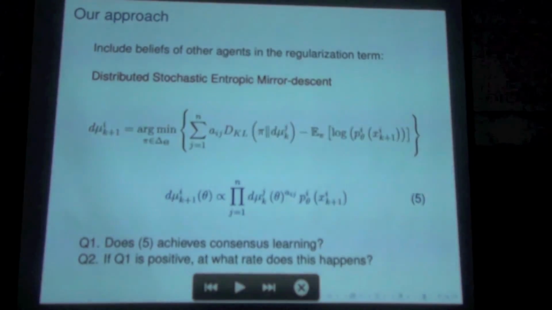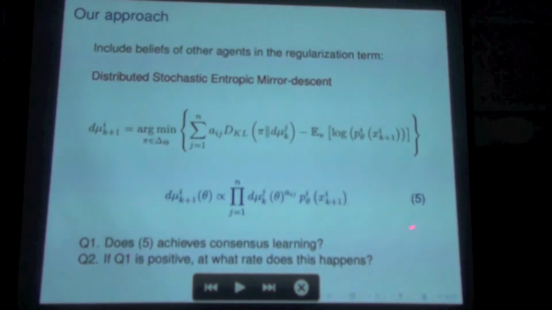So what Bayes' theorem says is that your posterior is likelihood times prior. And what this says is now the distributed version is your likelihood times weighted average of the priors of your neighbors. So this is a natural extension of Bayes' theorem to the distributed setup. And it's shown that it's an optimal way to do it. It's a natural extension, right?